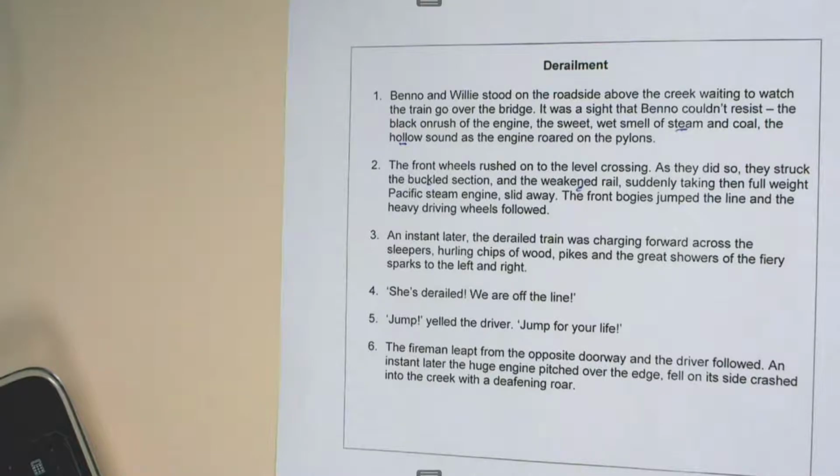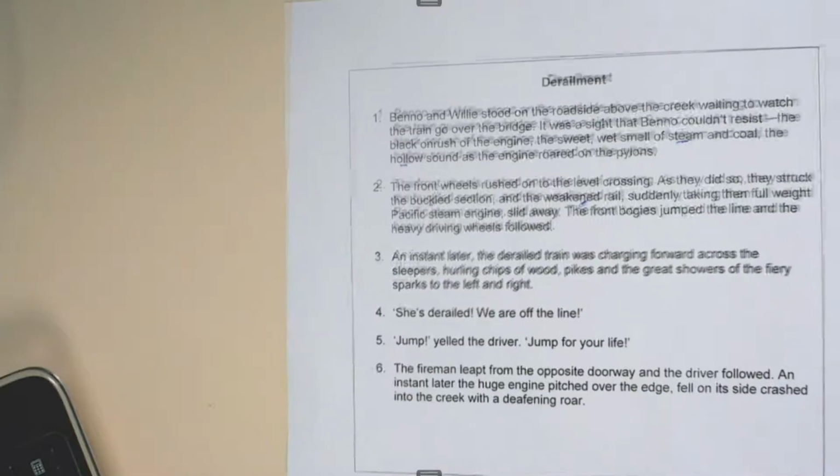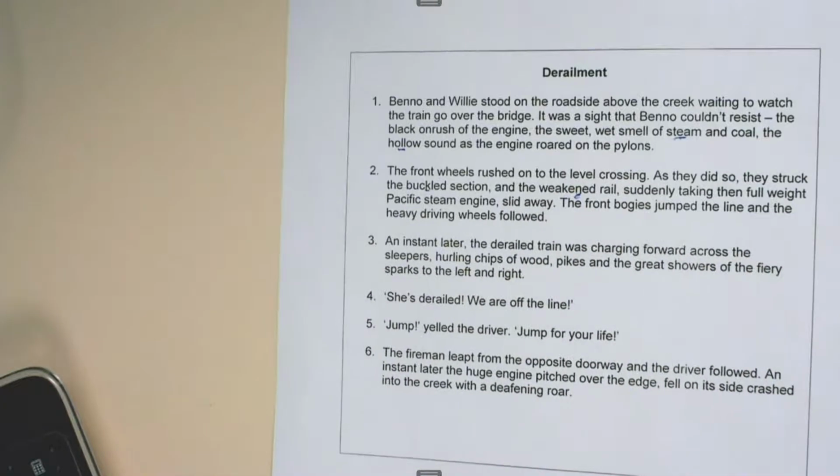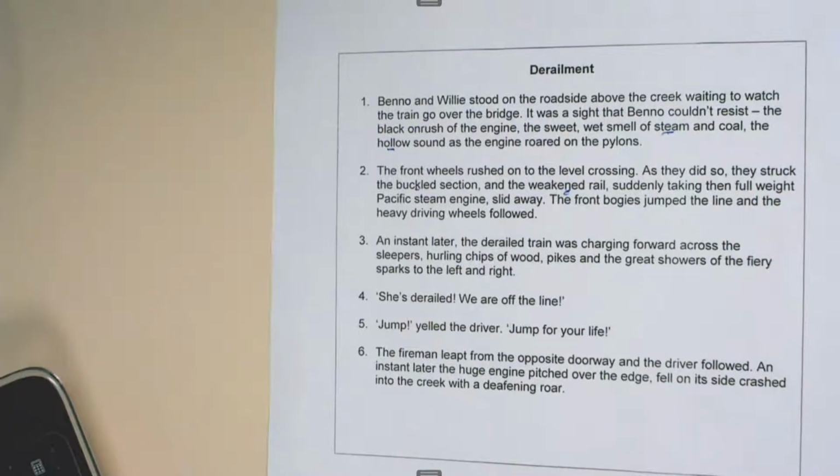Now from this text, let's try to identify some of the words. I'm told that time is a bit against me. I'll try to rush, but I'm not going to identify all the adjectives. Now let's look at the first paragraph.